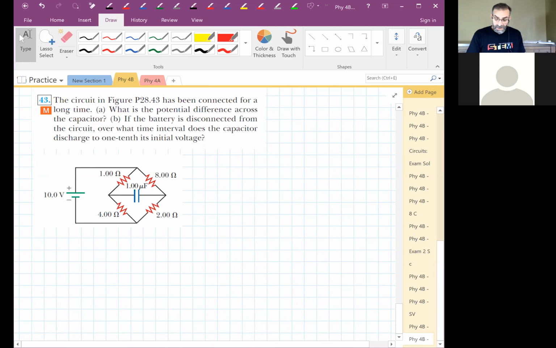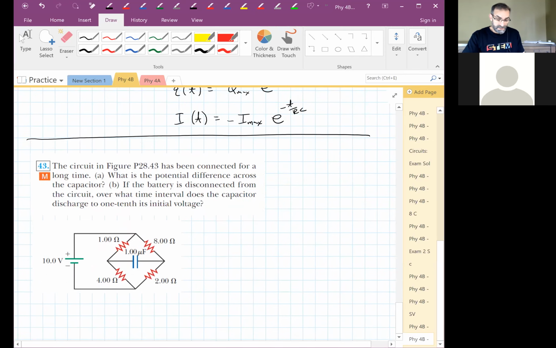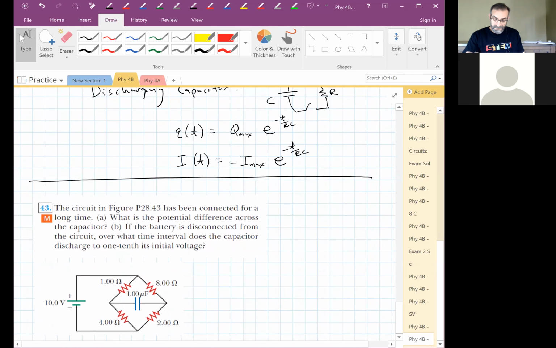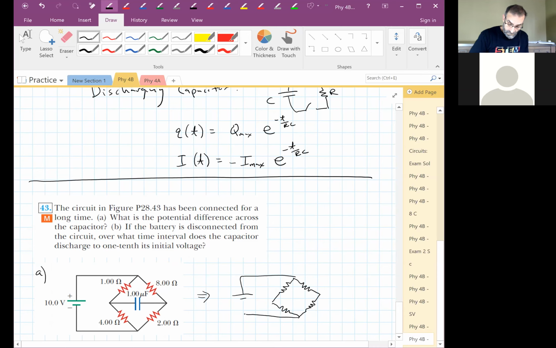It says it's been connected for a long time, so what does this circuit look like? Looks like this.